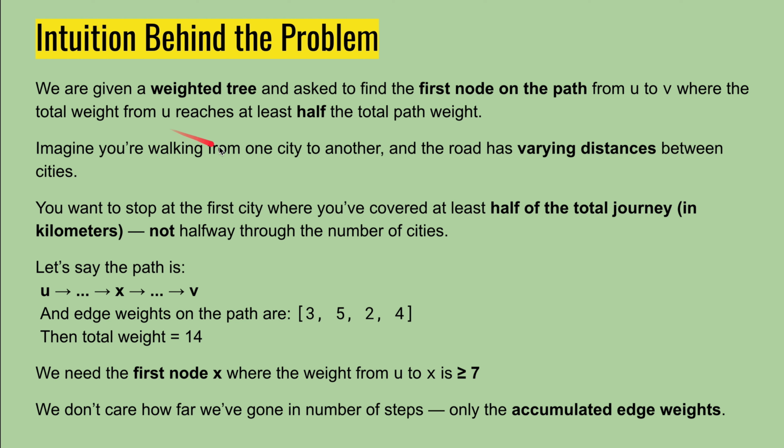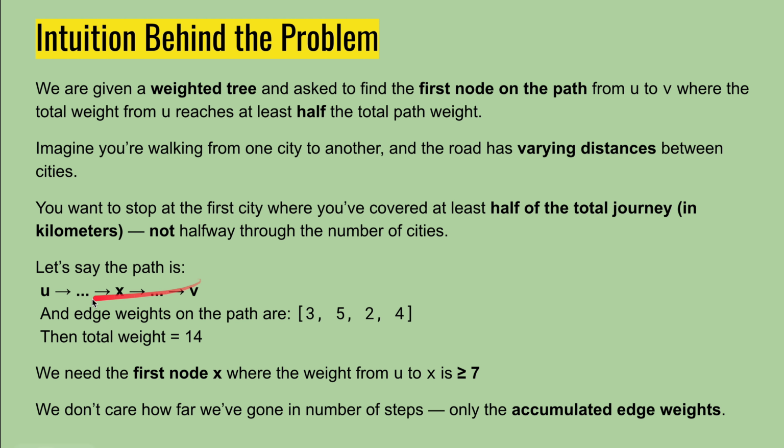Imagine you are walking from one city to another and the roads have varying distances between cities. You want to stop at the first city where you have covered at least half of the total journey, in kilometers. It is not halfway through the number of cities, but half of the total journey. So going from Bangalore to Delhi, Nagpur comes in between, and we take it as the first stop because we have covered half of the journey.